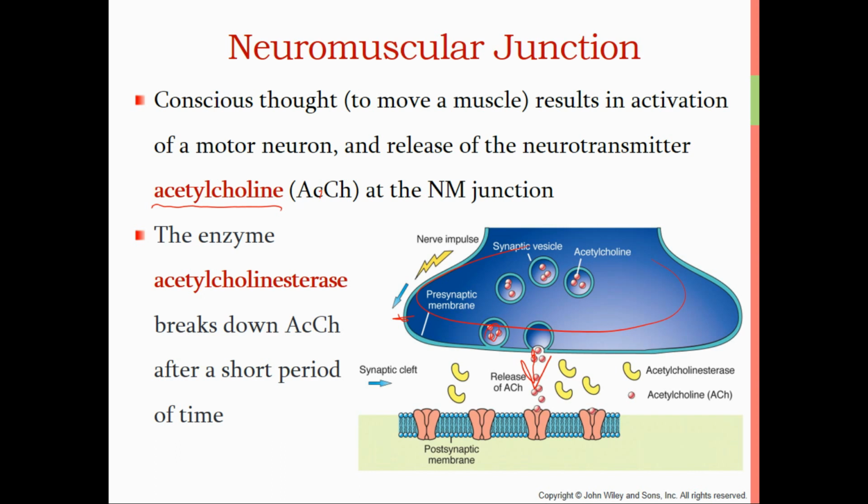So it goes from synaptic vesicles to synaptic receptacles. It travels across and is picked up by those receptacles. And that will then tell the muscle, hey, we picked up these little acetylcholines, and that's going to tell us to do our job and contract.